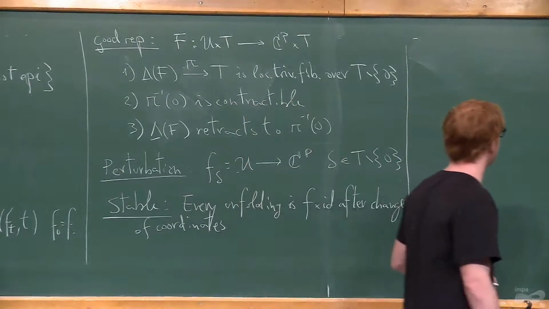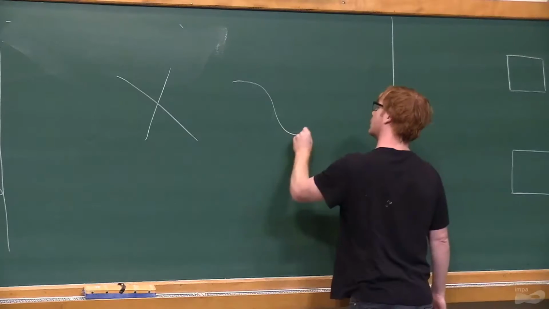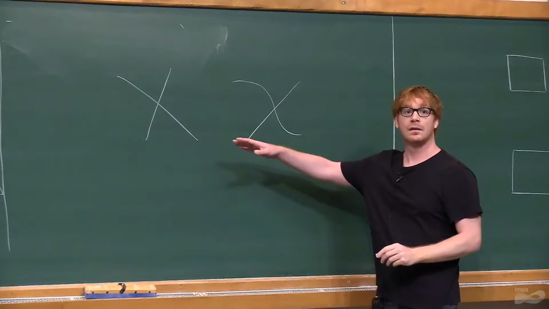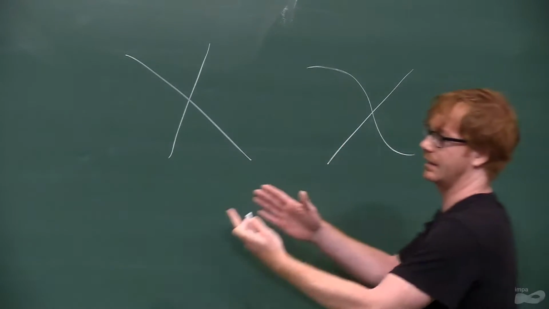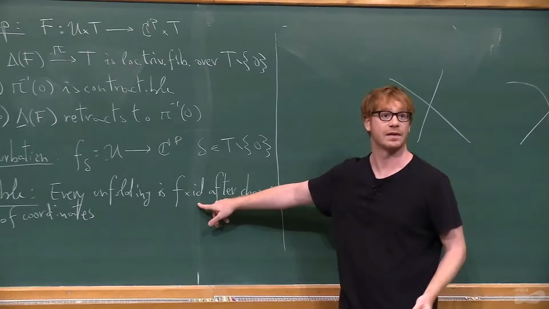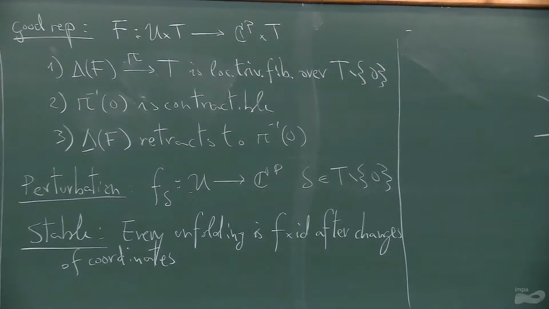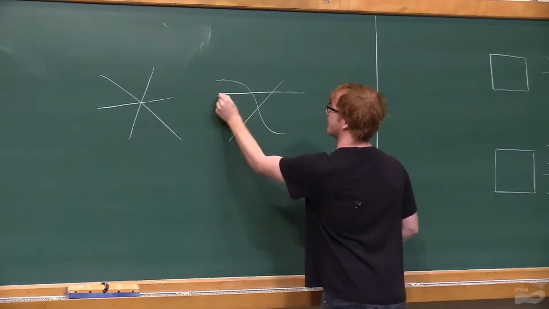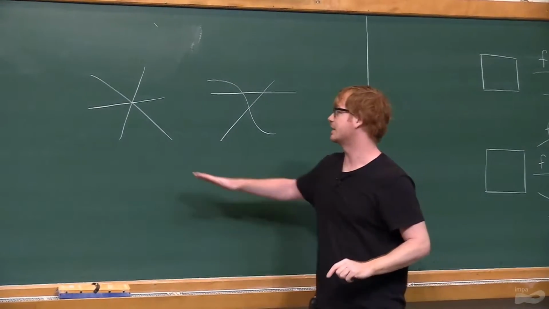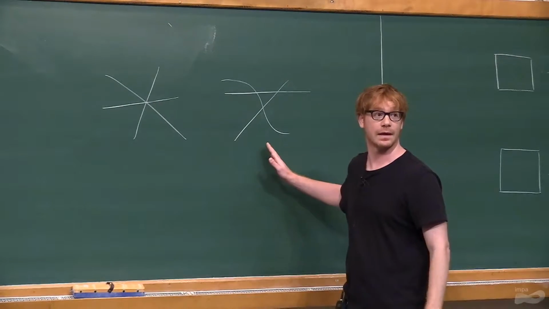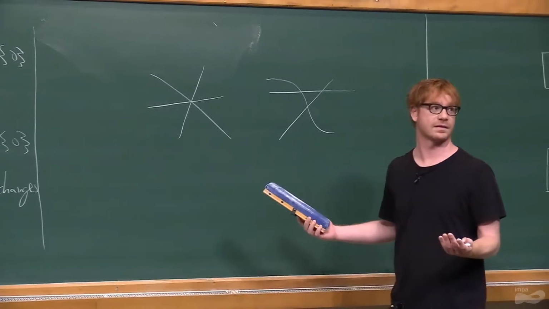So for instance, if I take a map that parameterizes this cross, I might deform it to something like this. But I can change the coordinates so that this deformation is trivial, and then I'm doing f times the parameter. But if I take a map that does this, then I can deform it into something like this. And there's no way I can change the coordinates so that this is a trivial unfolding. Okay? So this is unstable. The previous thing was stable.